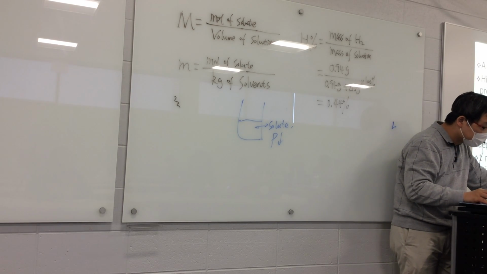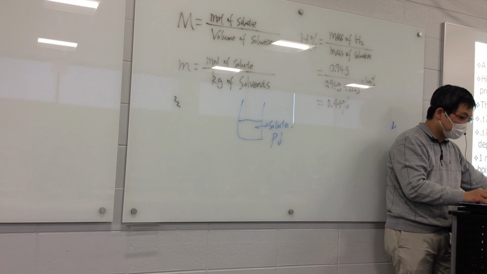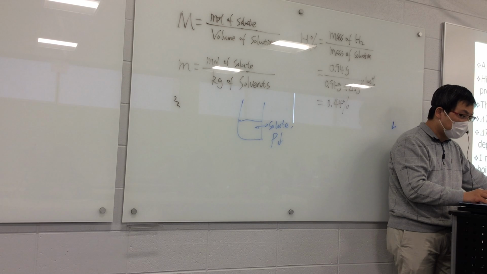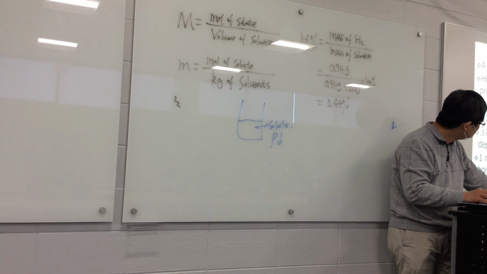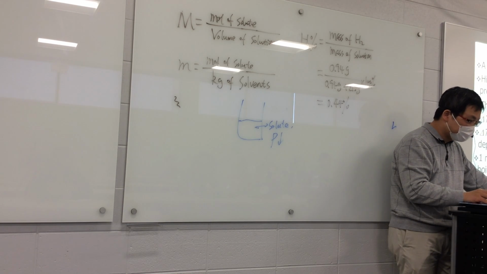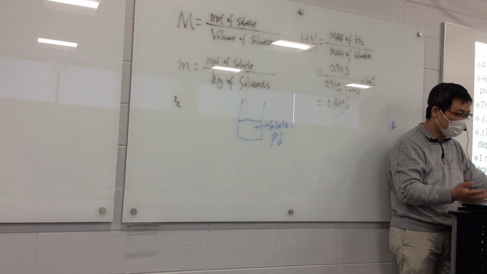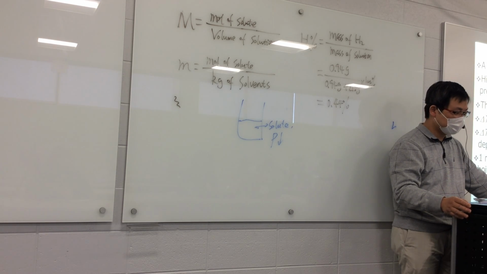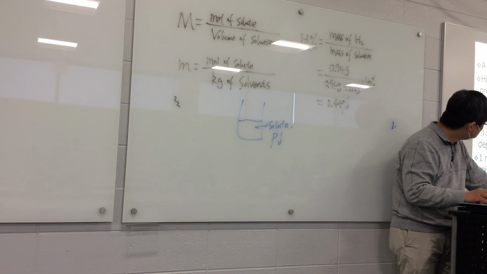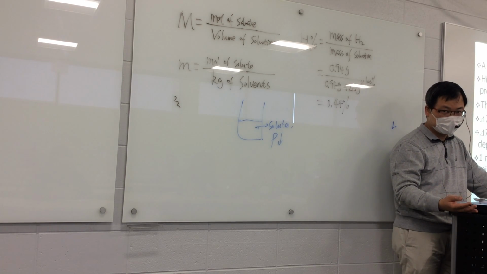And then, here is how we calculate. This boiling point elevation equals the molality of the solute times K_b, the solvent's boiling point elevation constant. So the lowercase m refers to what? To the molality of the solute.